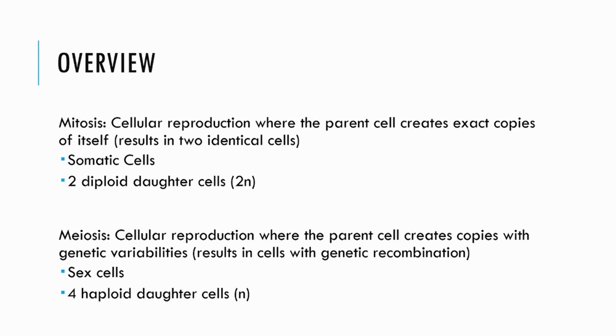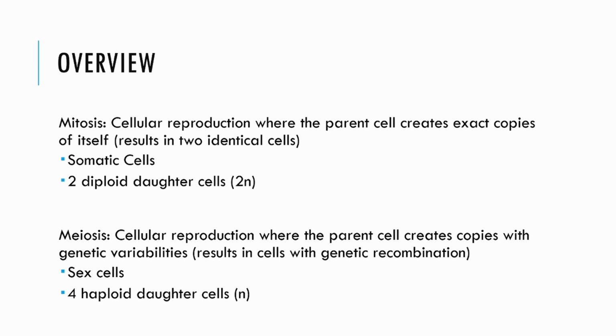Mitosis is a reproductive process where the parent cell creates two exact copies of itself. So we start with one cell and we create two identical cells, identical to each other and identical to the original parent cell. This is used for somatic or body cells, like the ones that make up your muscle, your bones, your brain.